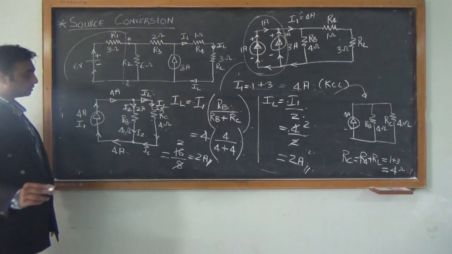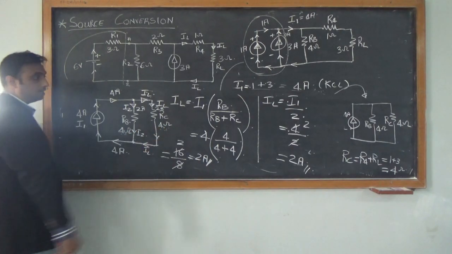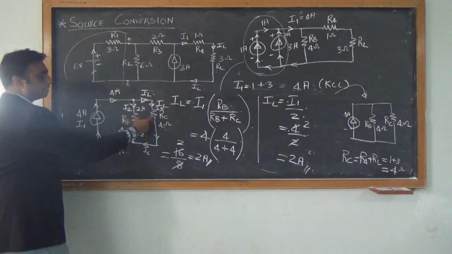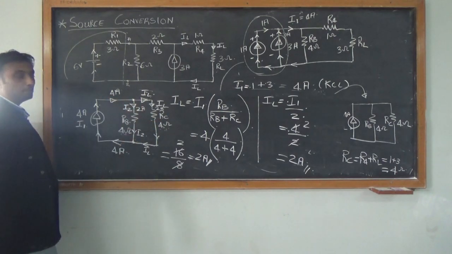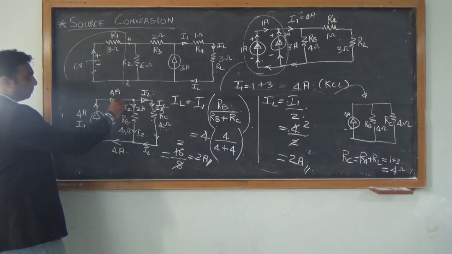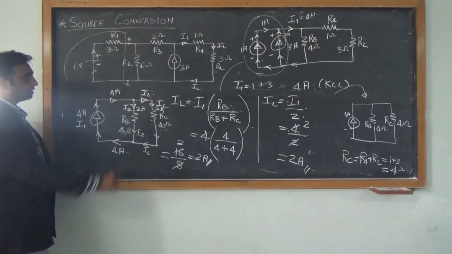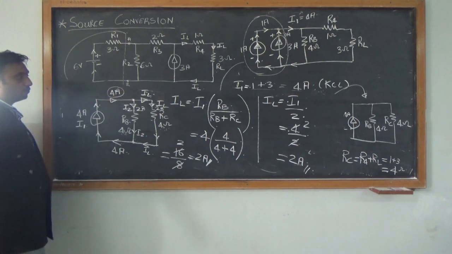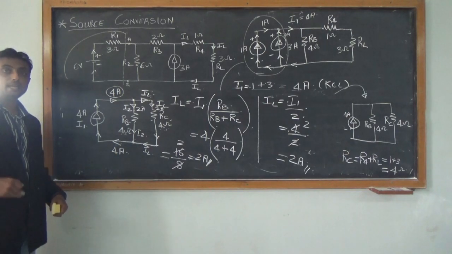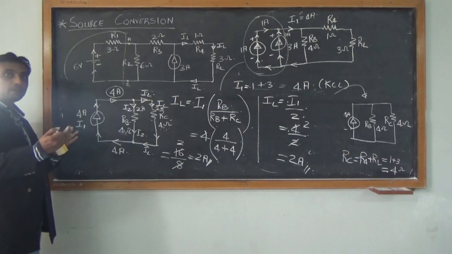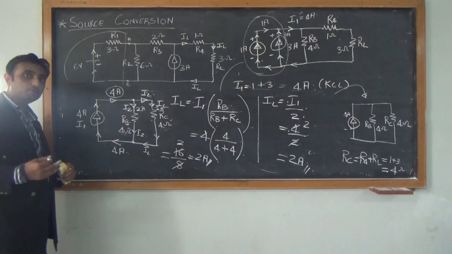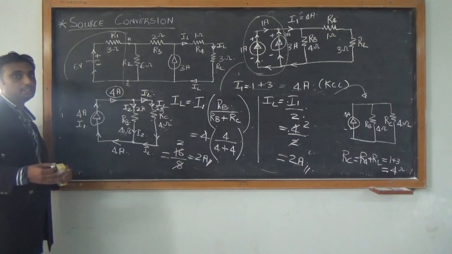But this is only possible if both the resistors are equal. If both the resistors are equal, current will get split equally across both these outgoing currents. So it will get split up as 2 and 2, which will give us a total value of 4 amps. So this is how you can effectively simplify and reduce your circuit and find out your current value using the source conversion method.